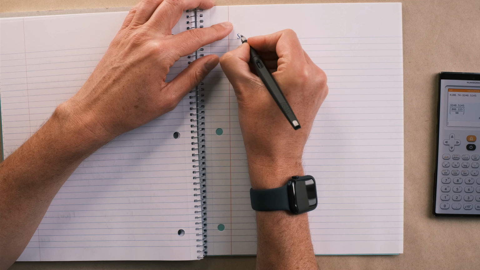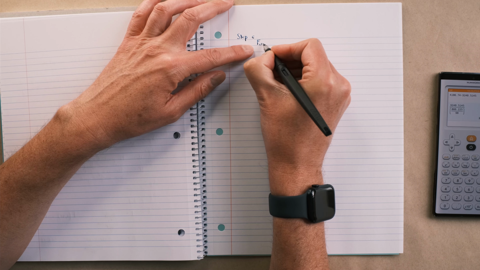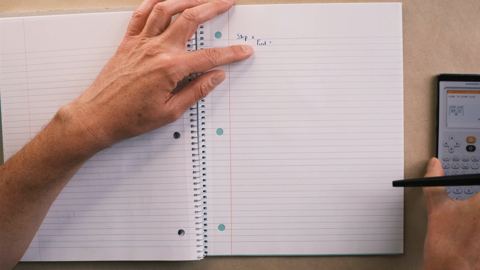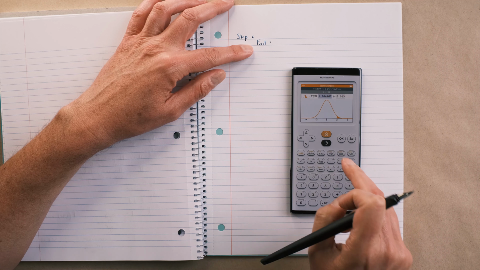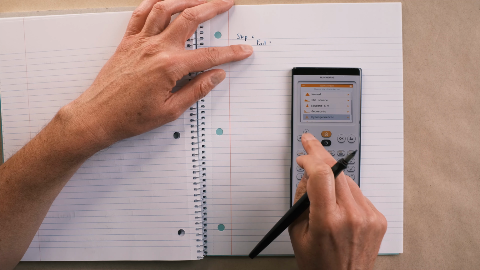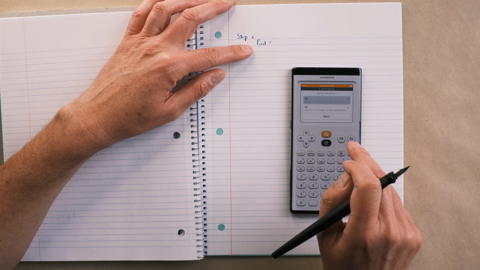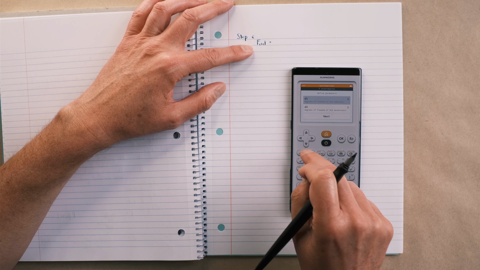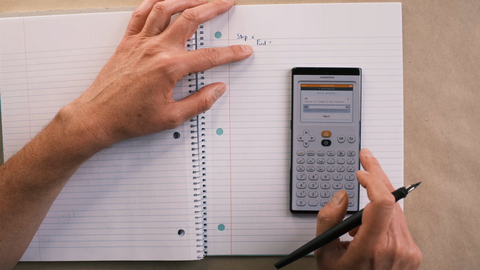Let's use our rules. Step number 6. Let's look at the critical value for F. Let's go back home, go down to distributions, hit OK. We want Fisher's F distribution. Our numerator degree of freedom was 1. Our denominator degree of freedom was 98.